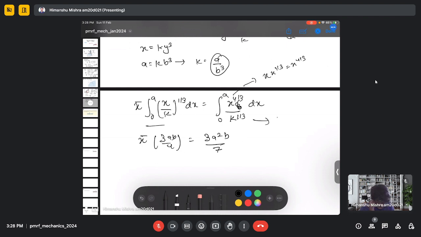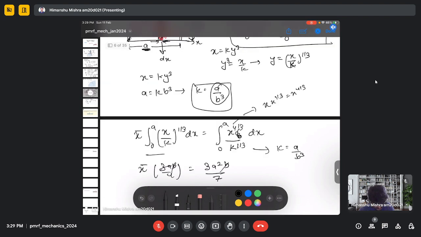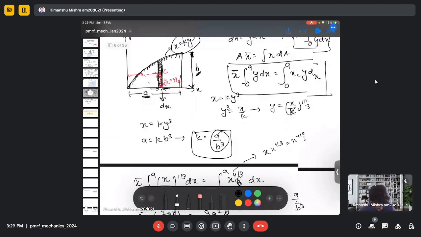So here I put k as a by b cube, which we found, and the x bar will be, a and b we cancel, 3 and 3 cancel, and it will be 4 by 7 a. So this is our x bar, and we can repeat the same procedure for the y bar.